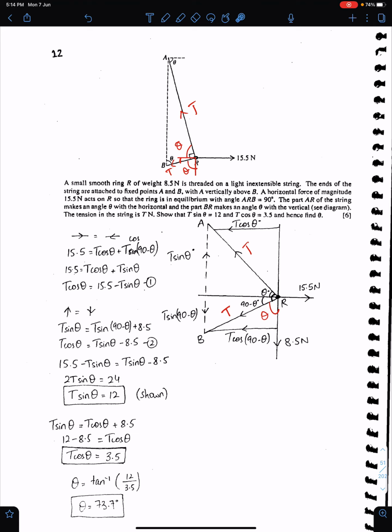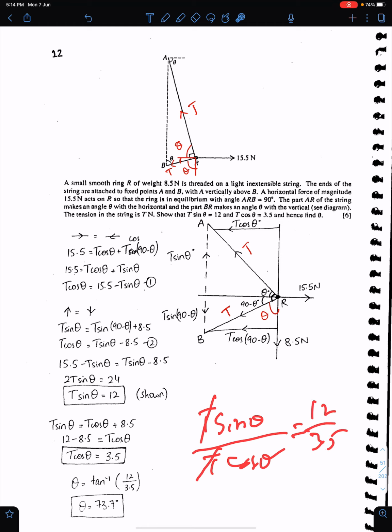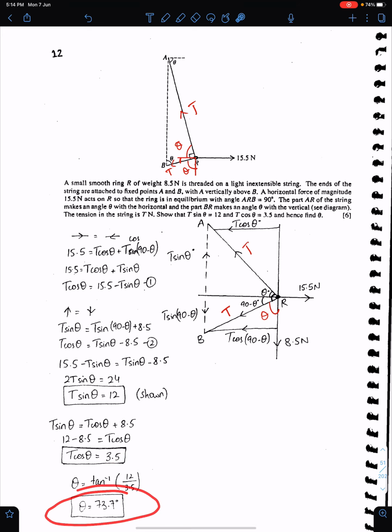For theta, you just need to divide these two equations. T sine theta over T cos theta is 12 upon 3.5. T will be cancelled. This will become tan theta, and that's the answer.